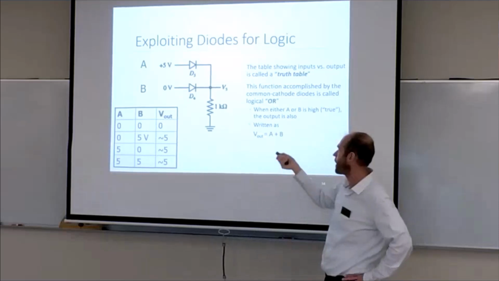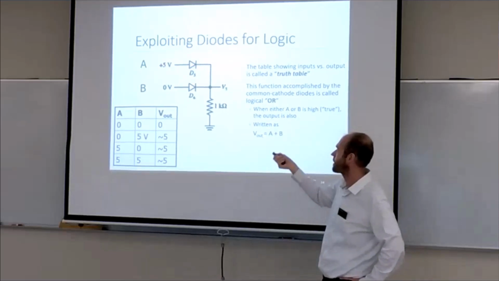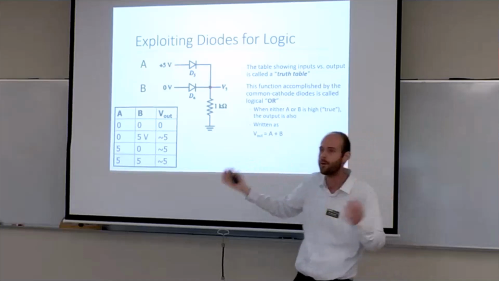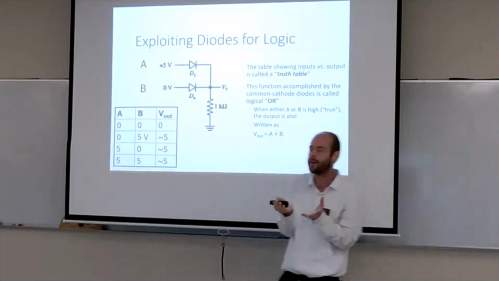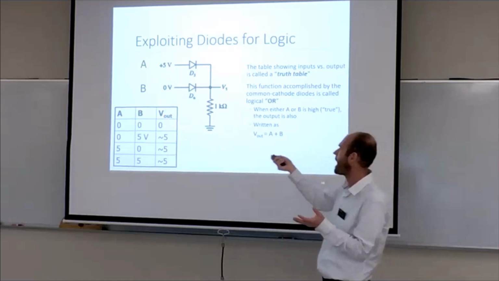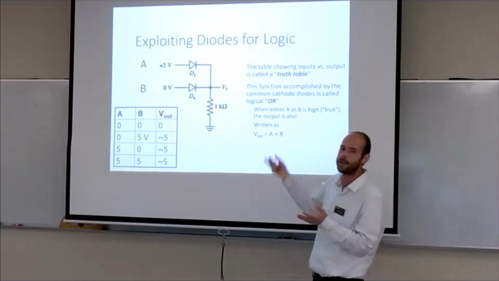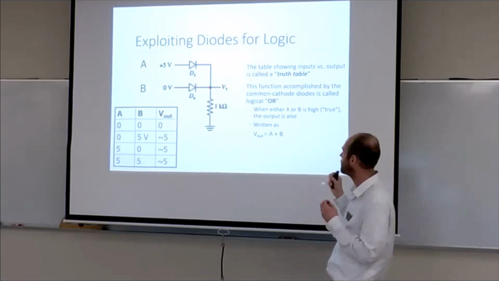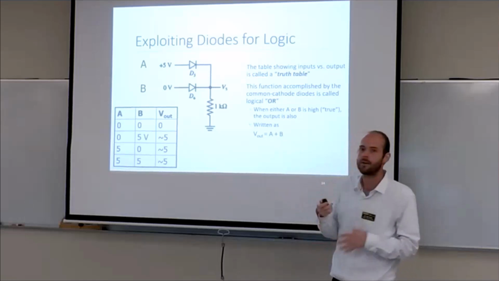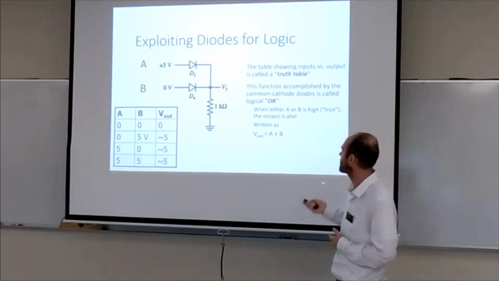If both are on, we still have that same effect. It's at 5 volts. That node is all at the same voltage. So with this particular configuration, we can say A or B gives us a high output. And that allows us to, with nothing but circuitry, do a selection on if one or the other thing is activated.